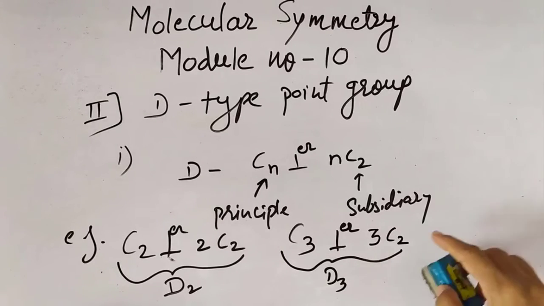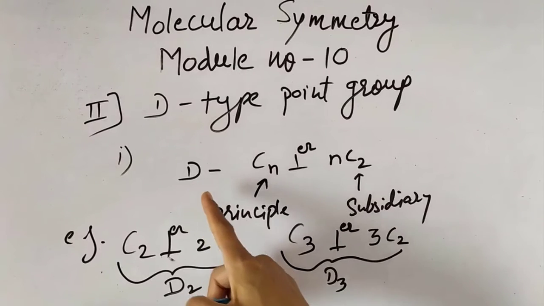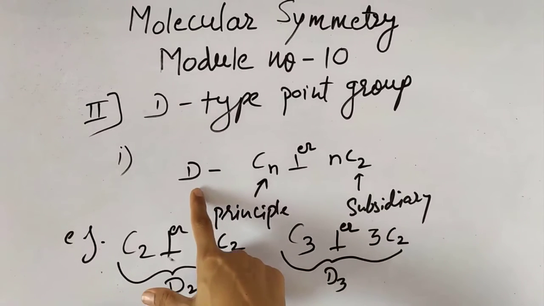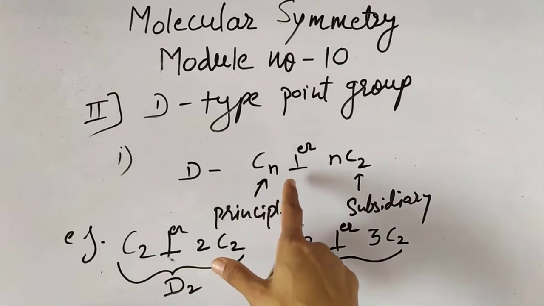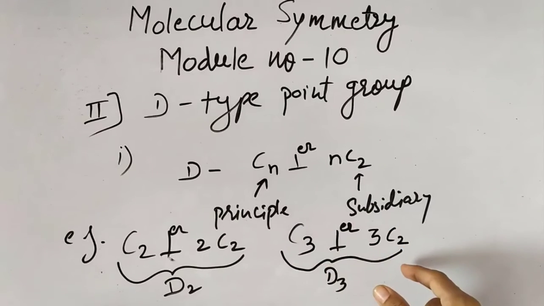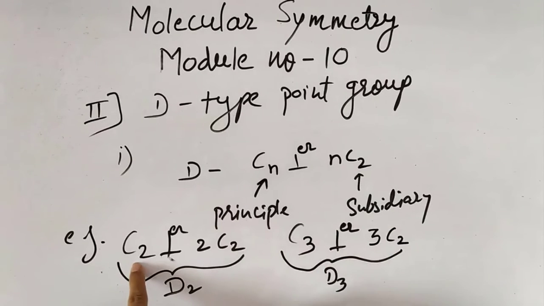Got the definition of D. What's the definition? Cn perpendicular to n number of C2s. For example, C2 perpendicular to two C2 axes becomes D2.